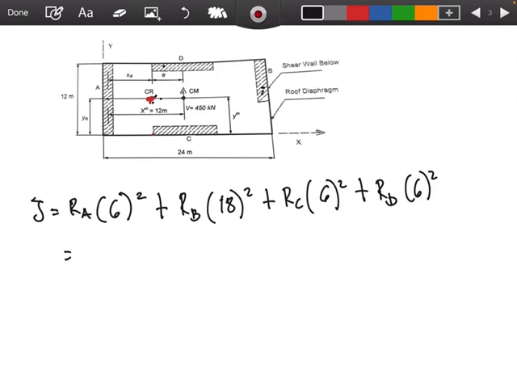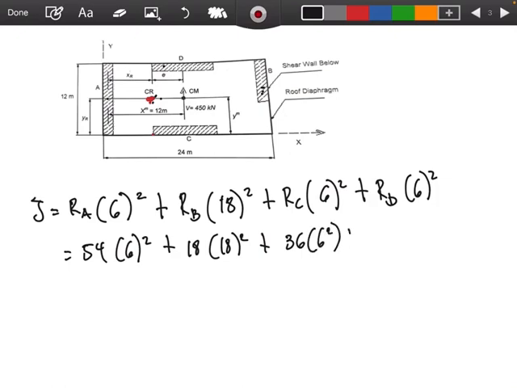And we're going to substitute the values. 54 times 6 squared plus 18 times 18 squared plus 36 times 6 squared, same, 36 times 6 squared. Okay, total. Going to write this on our calculator.